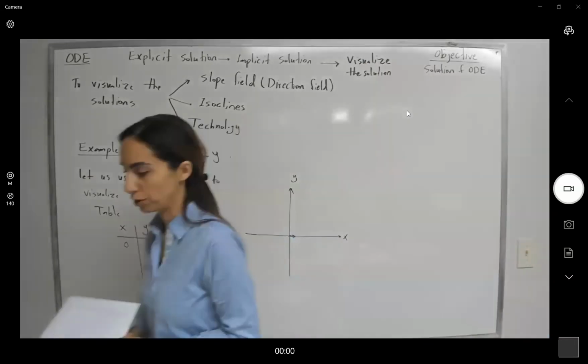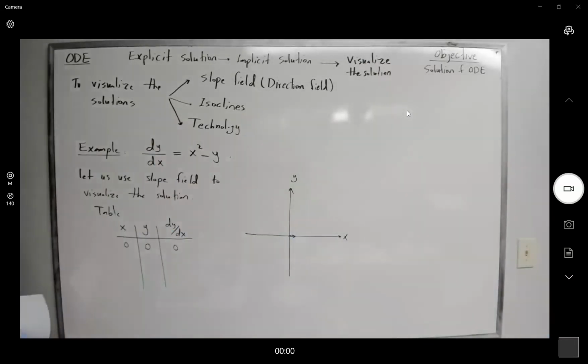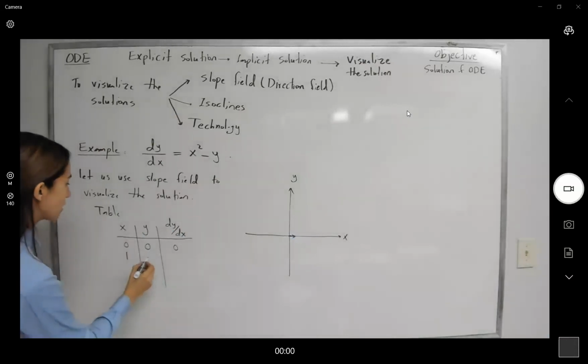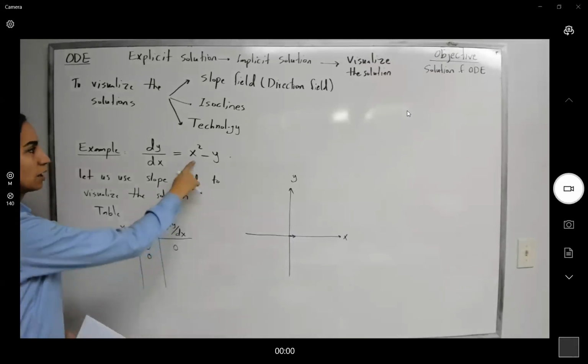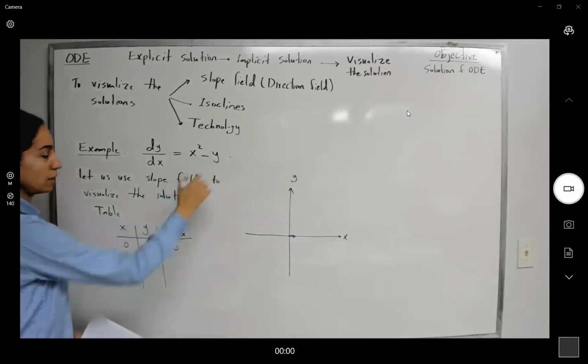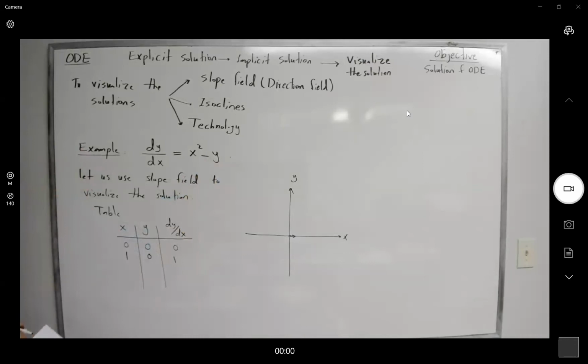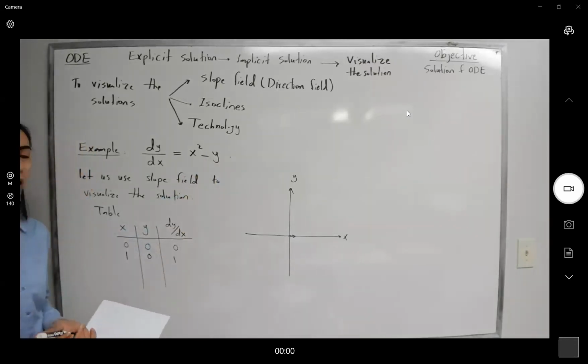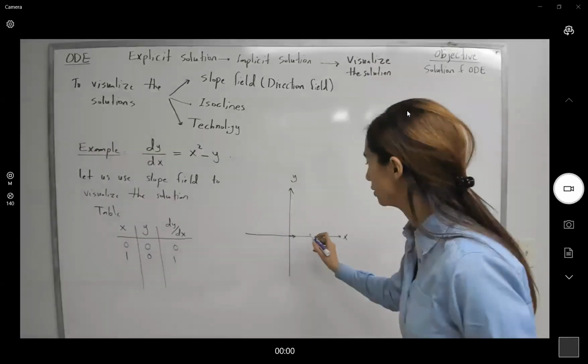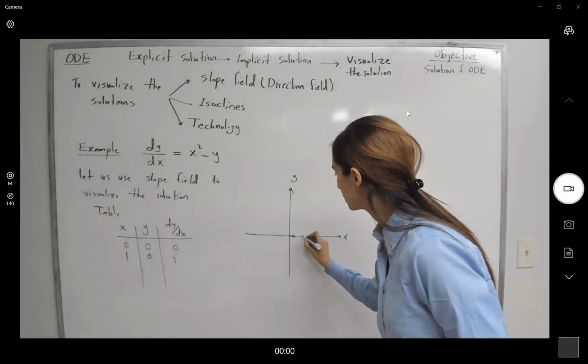Let's plug in another point. Suppose you have 1 and 0. Well, if I plug in 1 and 0, x squared minus y is just 1. So it means that the rate of change, or the slope, is equal to 1. At the point 1 and 0, the slope is 1.